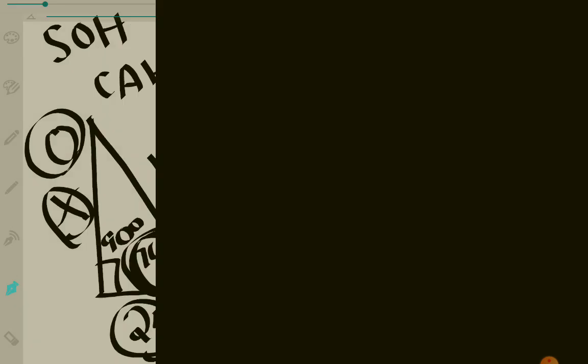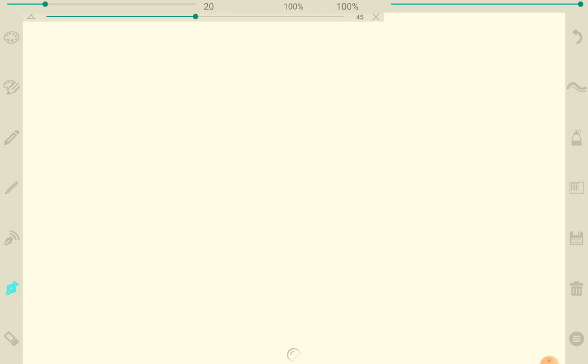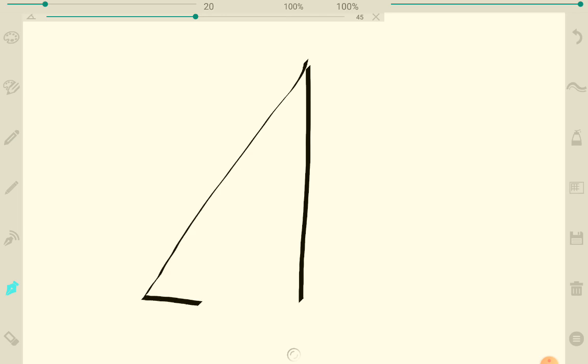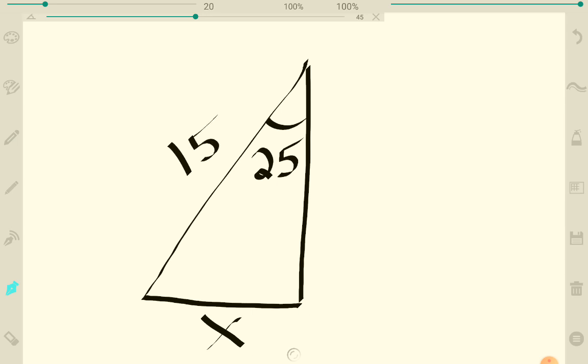For our second one, this side can be x, this angle can be 25, and this side can be 15, and we have our 90-degree angle right there.